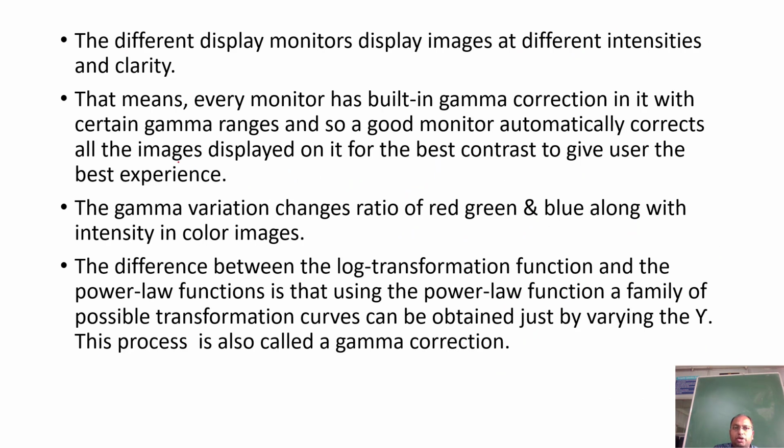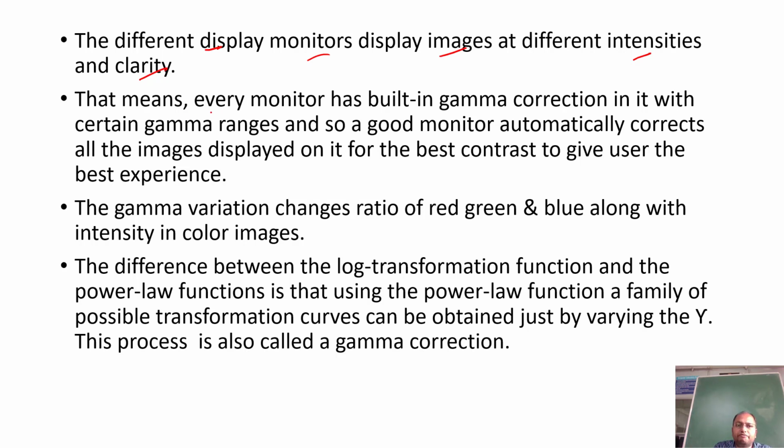As I told you, different display monitors display images at different intensities and clarity. So each and every mobile phone's display, or even, let us say, televisions, will have different color intensities or clarities because of this gamma correction.